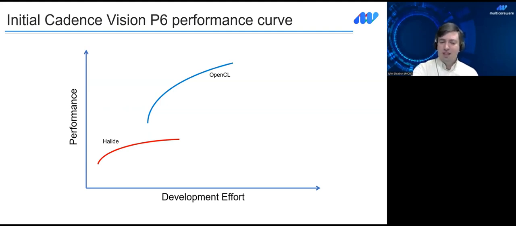But the performance and productivity curve looked something like this. Halide: very easy to use, very low peak performance capability out of the box. OpenCL: much more initial and total development effort across the board, but much higher peak performance that you could achieve as a result.